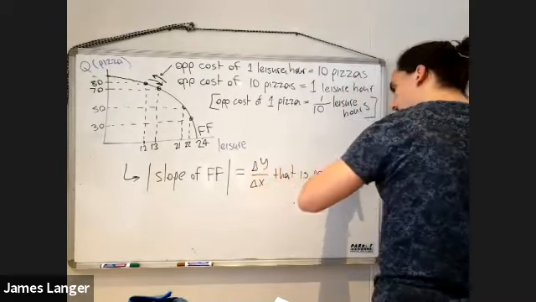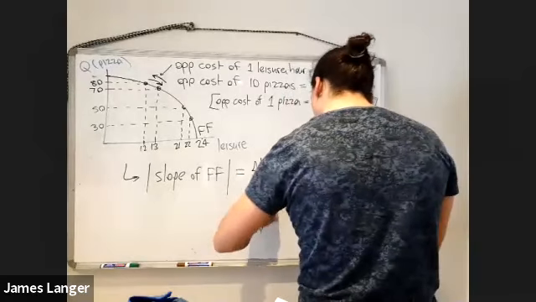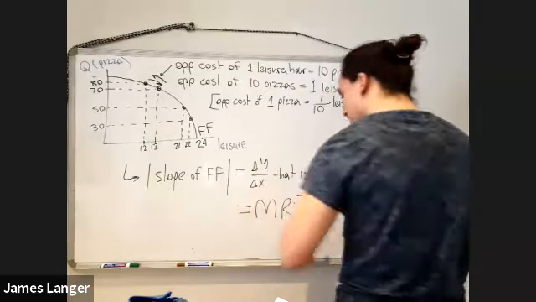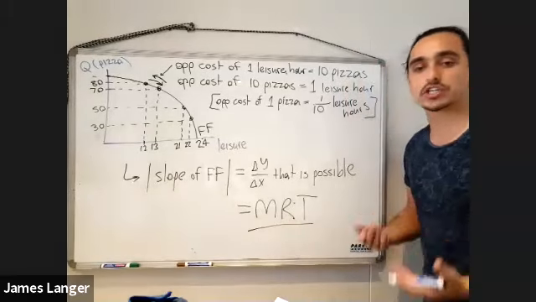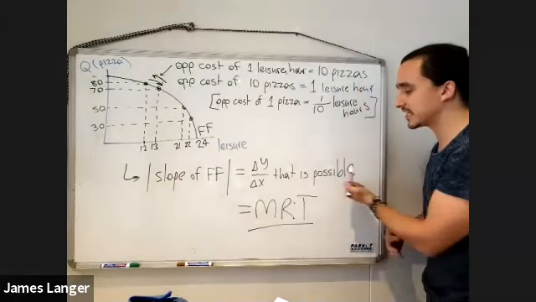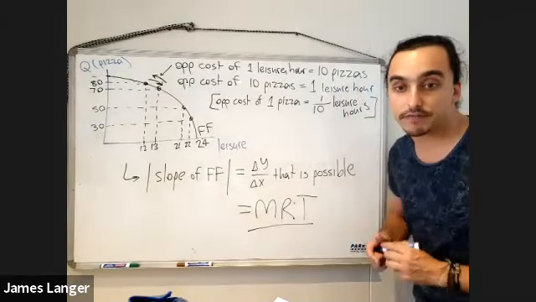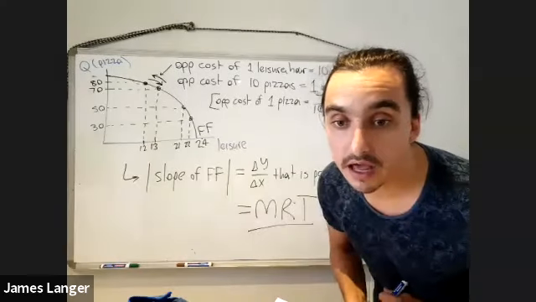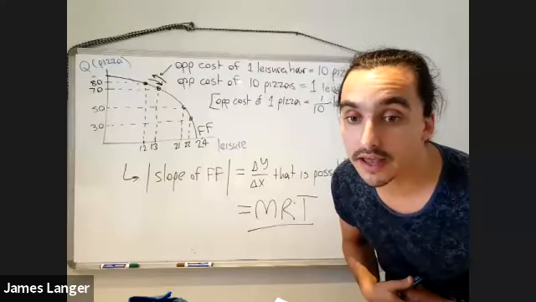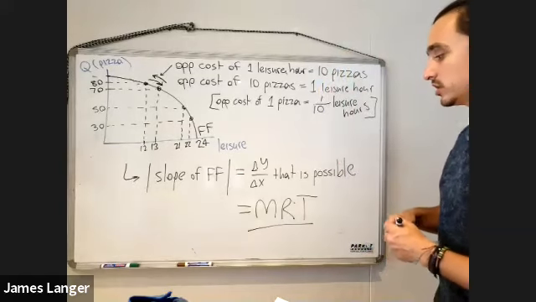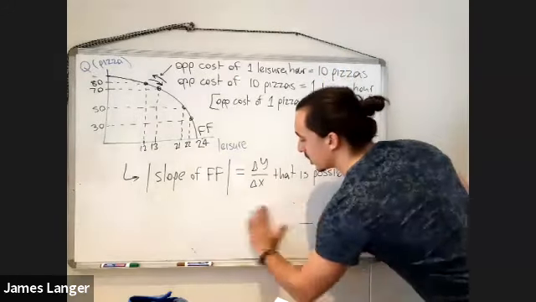We're going to call that the marginal rate of transformation. It's the rate at which I can transform it. That's why I say it's technically possible. And if you want a better definition, you can go and look it up. It's in our notes.